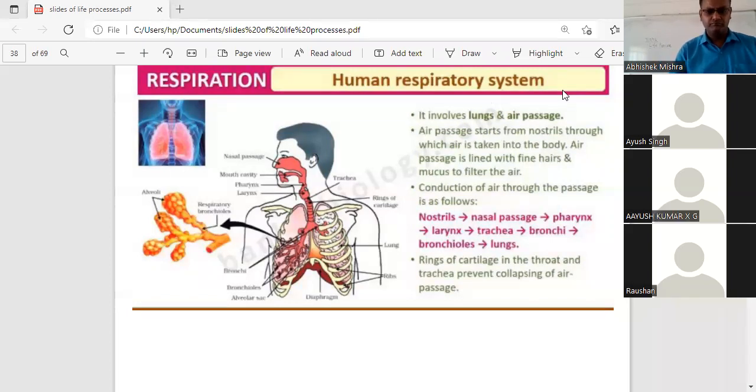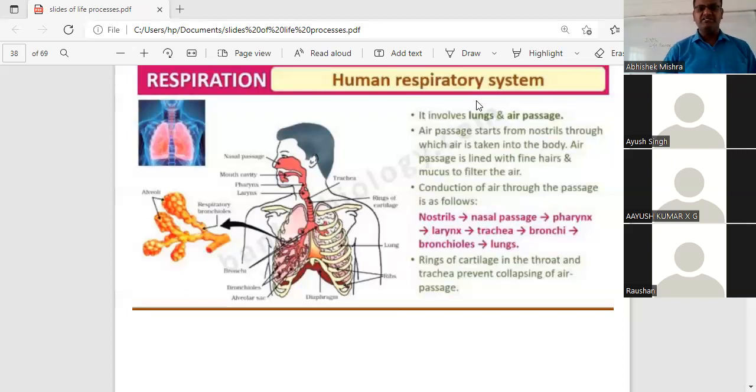Sir, in the process of inhalation, we take in the air and our ribs move outward, and the diaphragm becomes flat. Yes, then? No, no, now only tell me about inhalation.